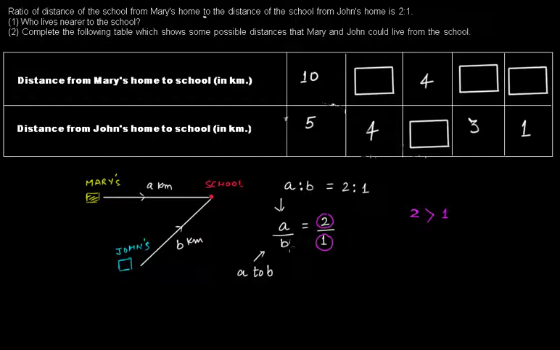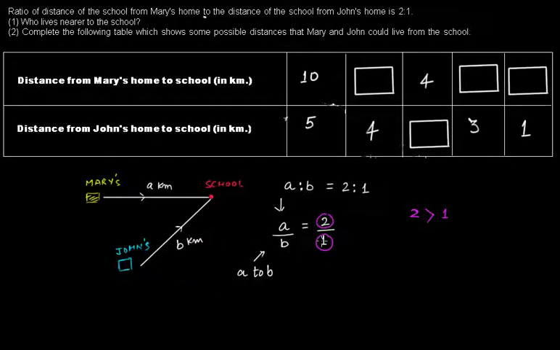Because a ratio b is equal to 2:1, and since 2 is greater than 1, a is going to be the larger distance. That's why b is smaller than a, and that's why John lives nearer to the school, because b kilometers represents the distance between John's home and the school. Since b is smaller than a, we say that John lives nearer to the school.